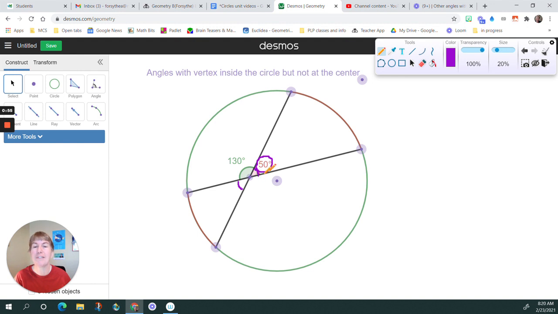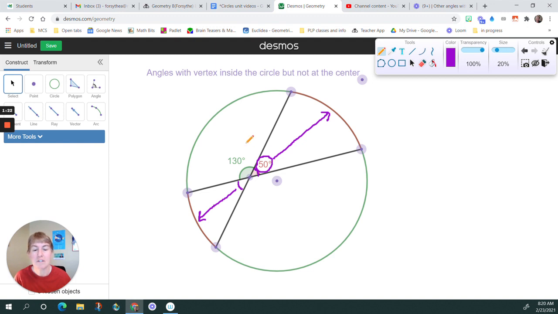So let's be clear on that first of all. To get that 50, we use the arc that this one points to and the arc that this one points to. Since those two arcs are different, we average them. So we do this arc plus this arc divided by 2, and we get 50.